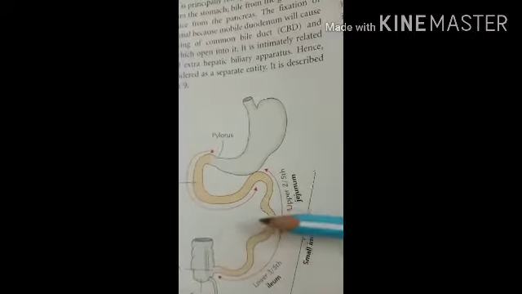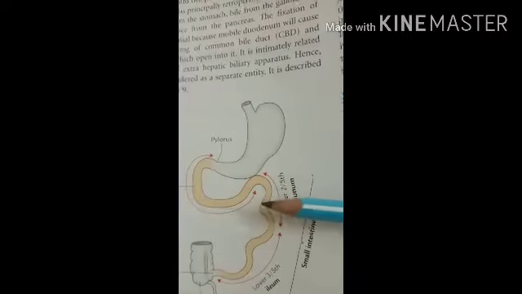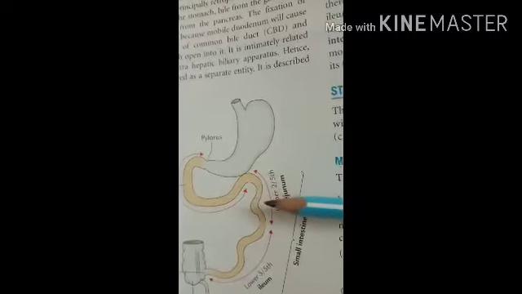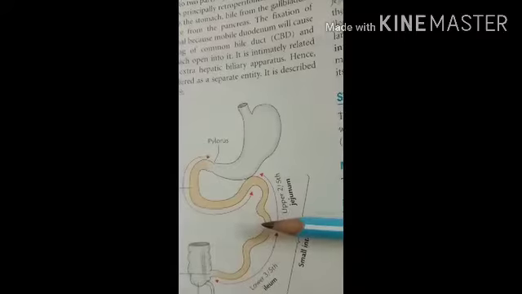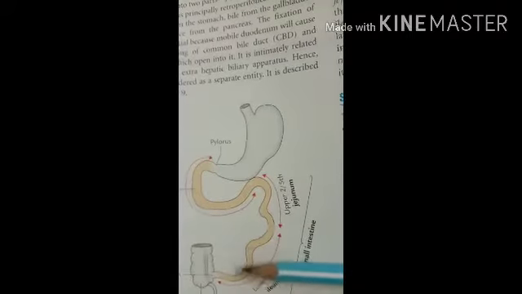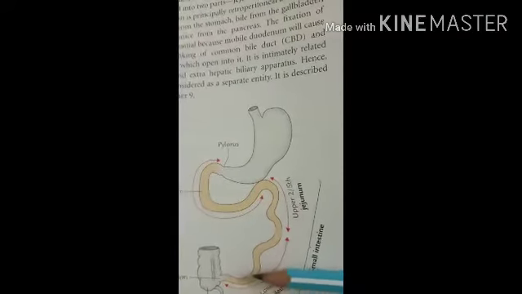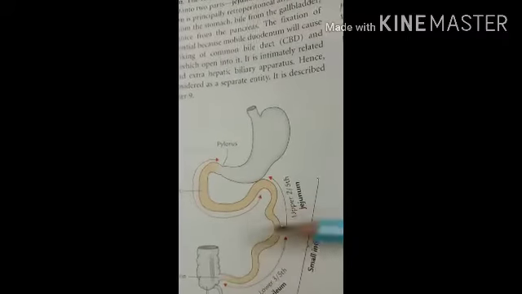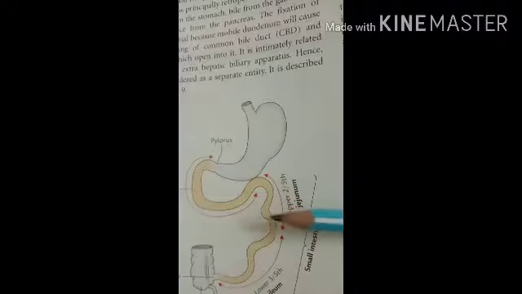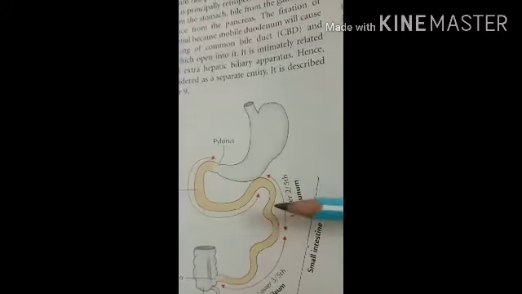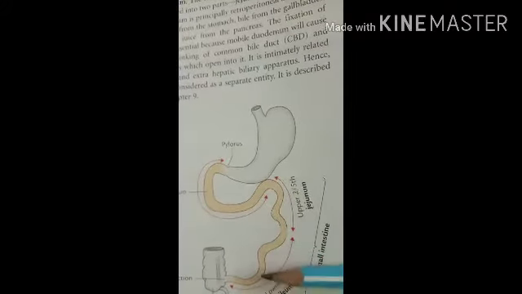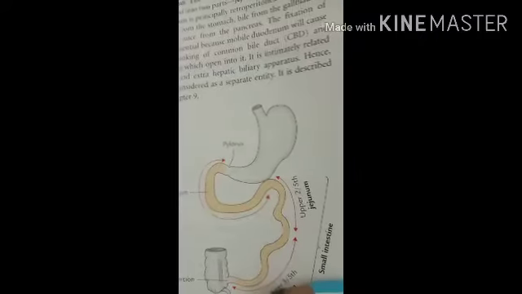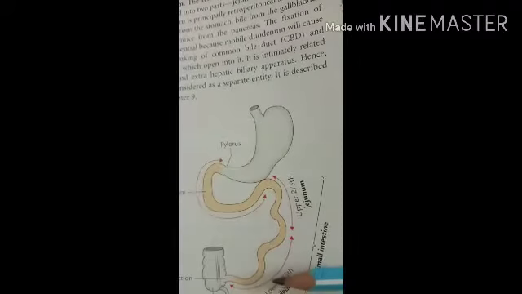Then the wall of the jejunum is much thicker and more vascular, and the wall of the ileum is thinner and less vascular. Then the lumen of the jejunum is wider and often empty, and the lumen of the ileum is narrower and often loaded.